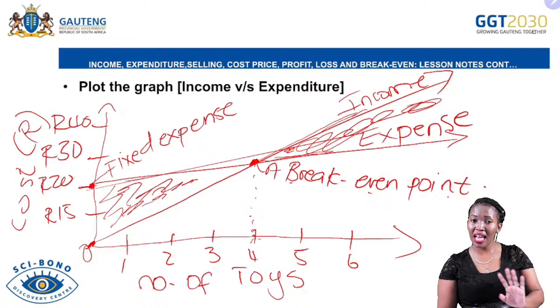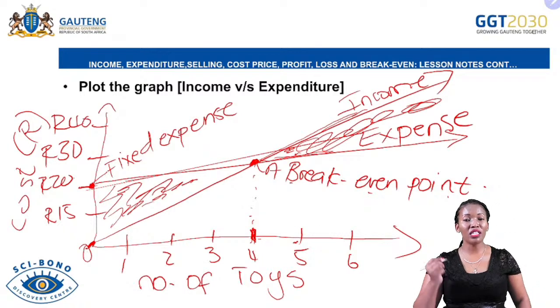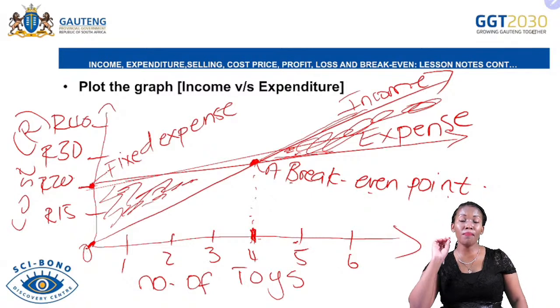Income and expenses are the same, there is no profit. But after 4 toys, the next number is 5. So 5 toys must be sold for the business to start making profit. 5 is the minimum number of toys.